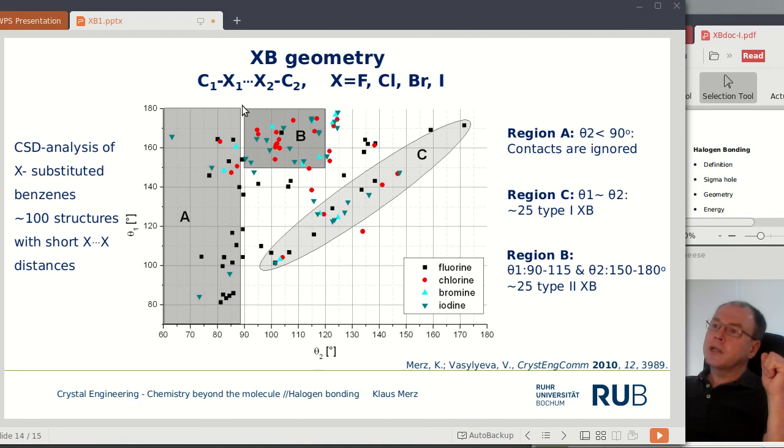The intermolecular interactions, or distances, could be addressed to region B. That means only 25% of the investigated 100 structures could be clearly addressed to type 2. That's what I mean. It is not so easy to clearly address halogen bonding to type 1 and type 2.